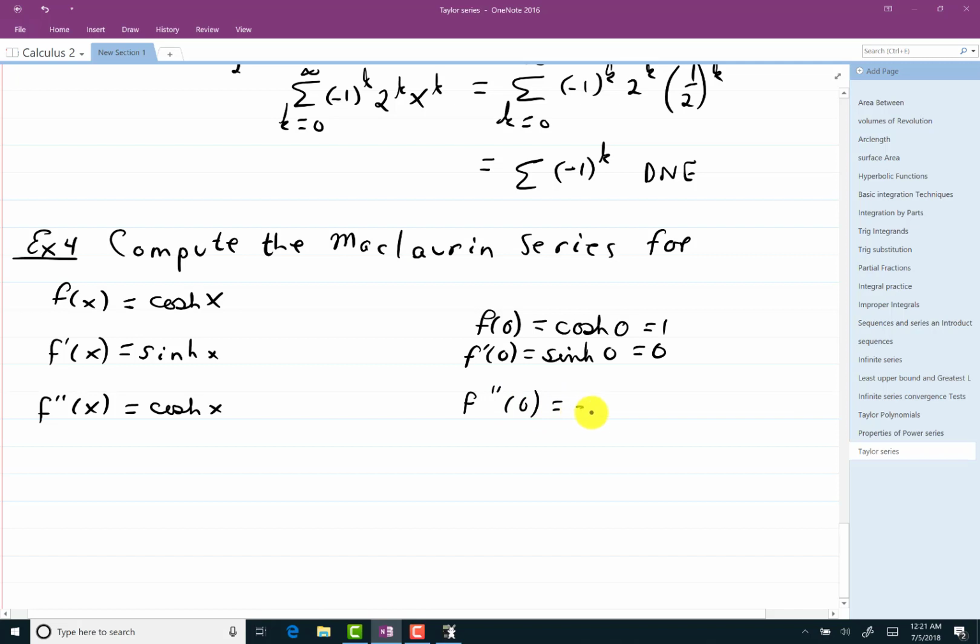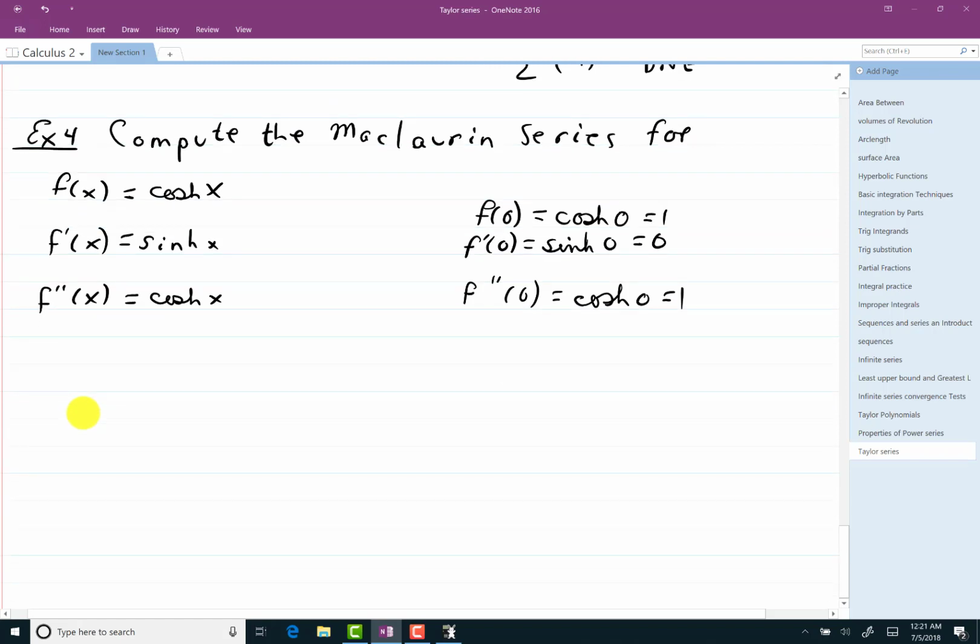And of course, cosh of 0 equals 1. So you can see where this is going. It alternates 1, 0, 1, 0, 1, 0.